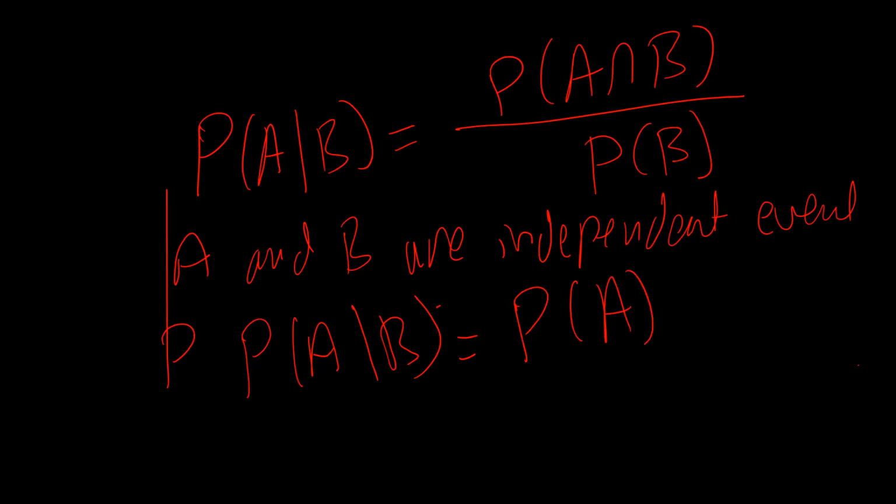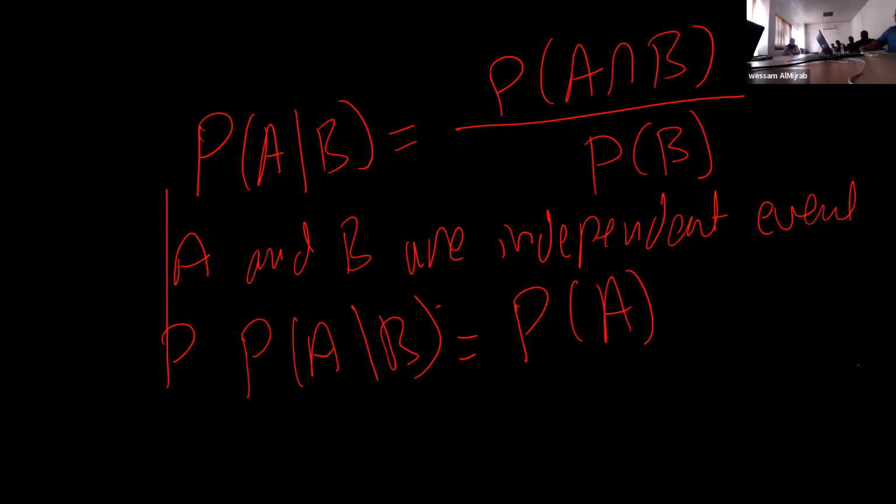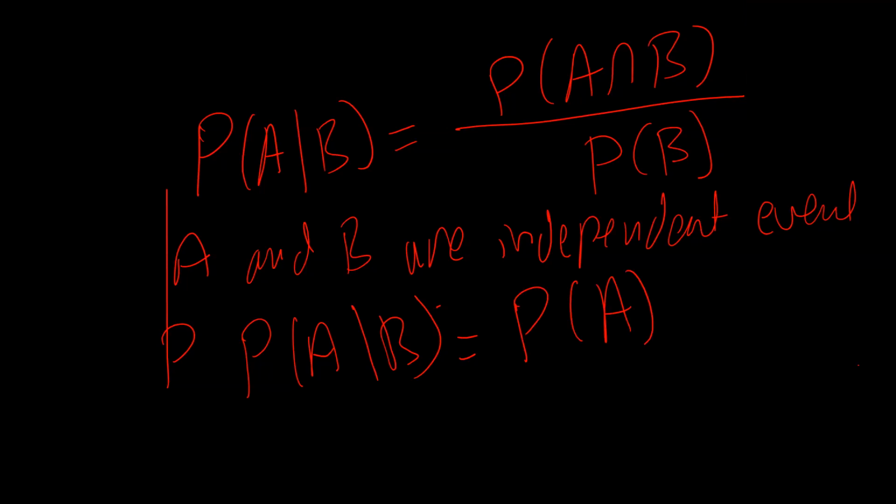Because if you know B has occurred or B didn't occur, this will not affect our uncertainty about A. In this case, this is the condition that A and B are independent, since probability of A given B equals probability of A. Now we substitute this in the previous equation.